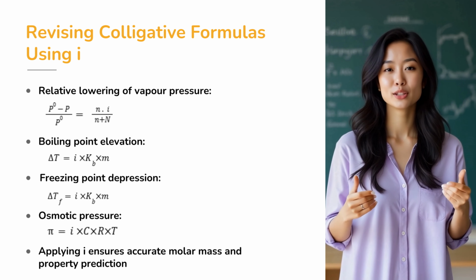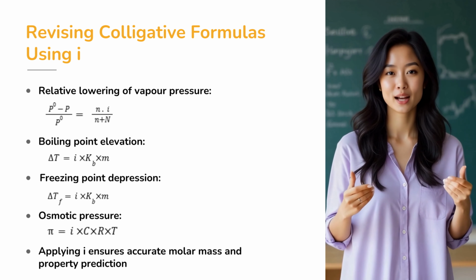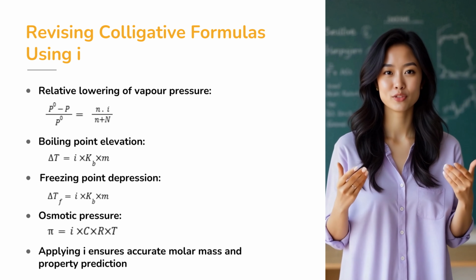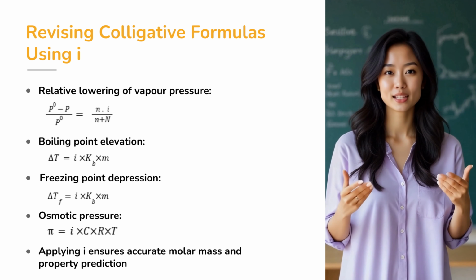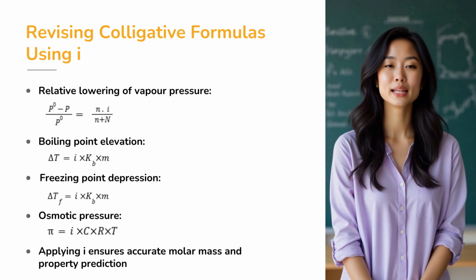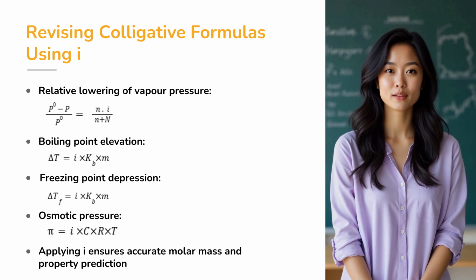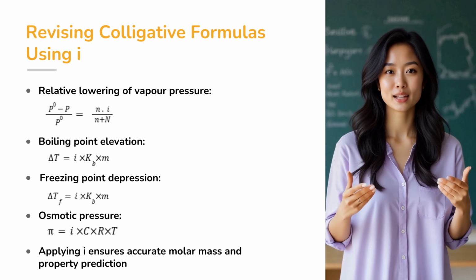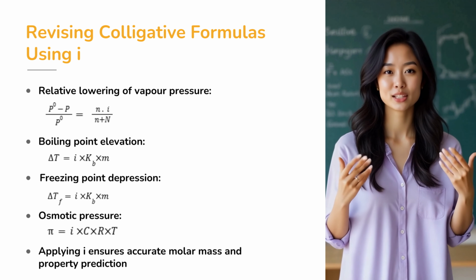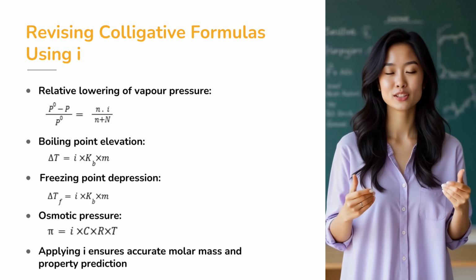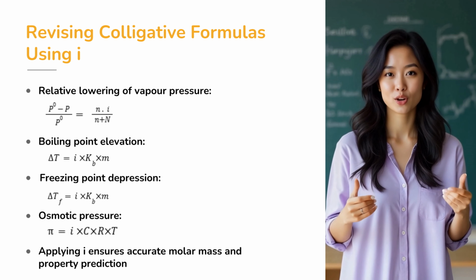Boiling point elevation, ΔTb equals i times Kb times m. Freezing point depression, ΔTf equals i times Kf times m. Osmotic pressure, π equals i times C times R times T. This adjustment ensures that calculated results match the true chemical behavior of the solute.